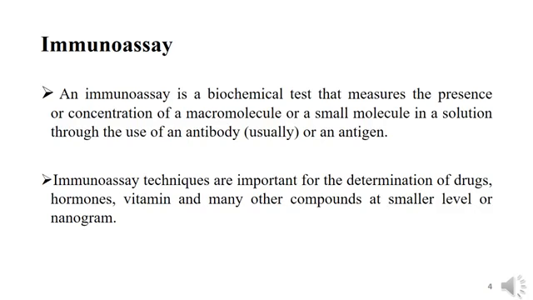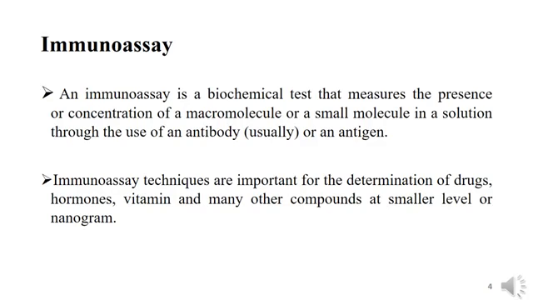Competitive heterogeneous immunoassay. As in competitive homogeneous immunoassay, unlabeled analyte in a sample competes with labeled analyte to bind an antibody. In the heterogeneous assay, the labeled unbound analyte is separated or washed away, and the remaining labeled bound analyte is measured.